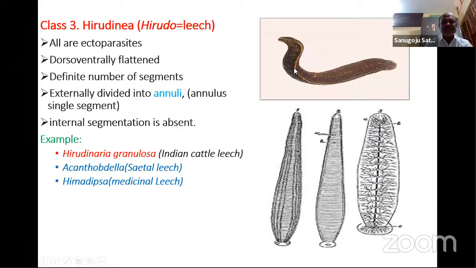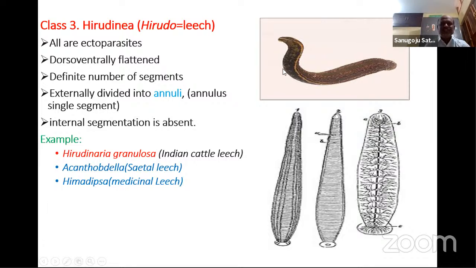Next, a definite number of segments is seen. The number of segments in the leech is 33. The anterior oral sucker is there, and the posterior sucker is also present. The anterior sucker is present on the ventral side, whereas the posterior sucker is around the body. The posterior sucker is located in segments 28 to 33, whereas the oral sucker is located in the first 3 segments of this leech.